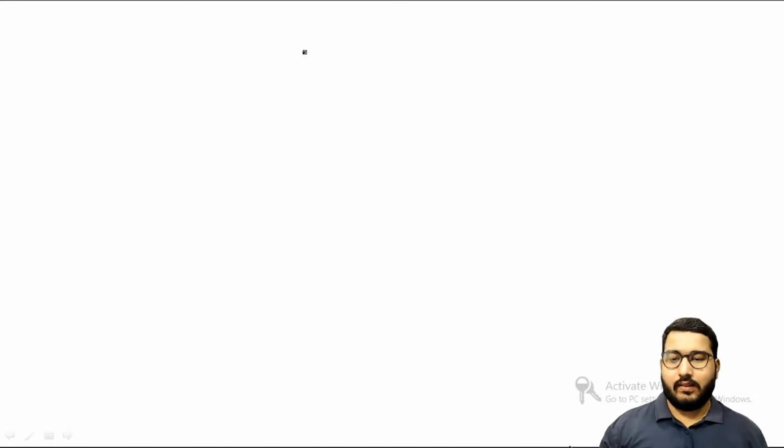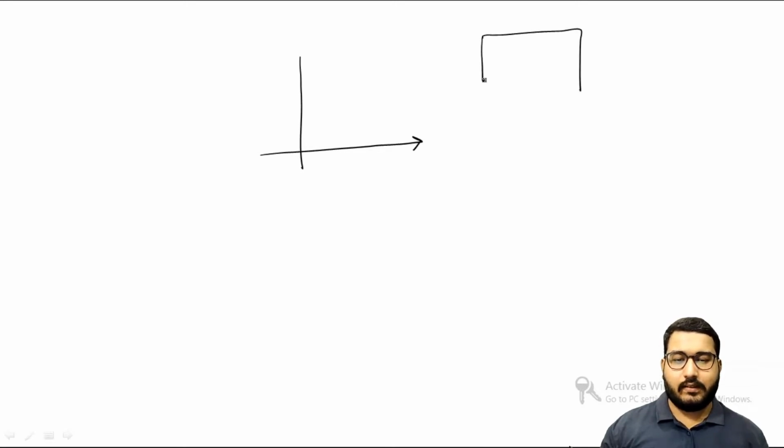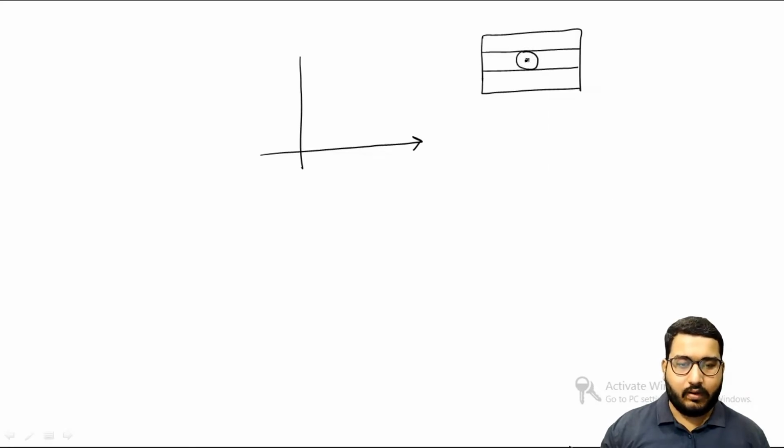So if I take an example of plotting a rectangle, if I consider the flag, it will be something like this. It will have three rectangles, one on top of the other, with a circle and a black dot, or maybe just a dot.